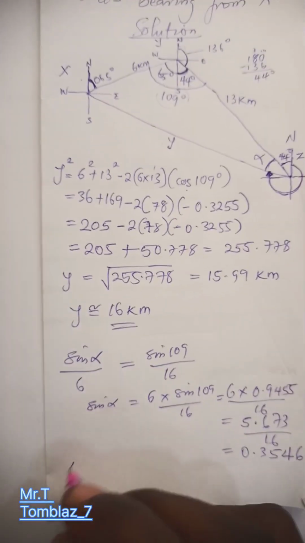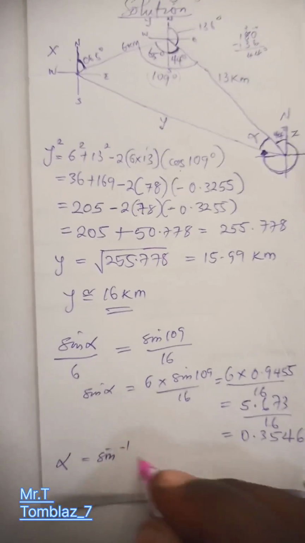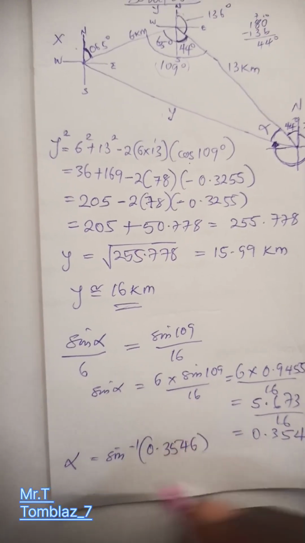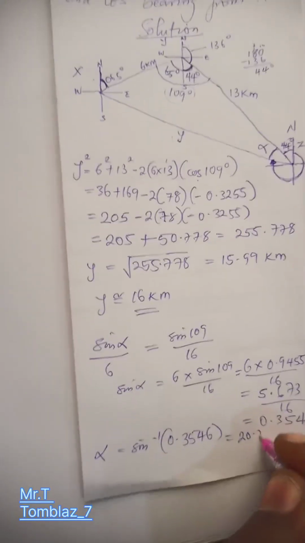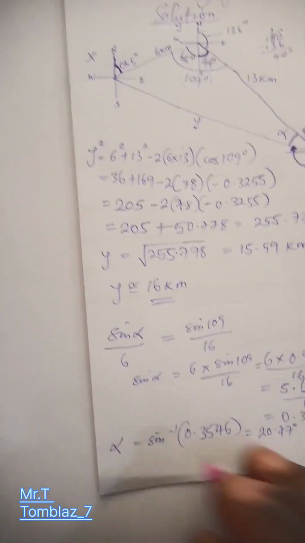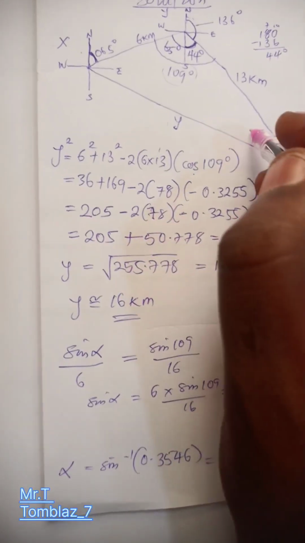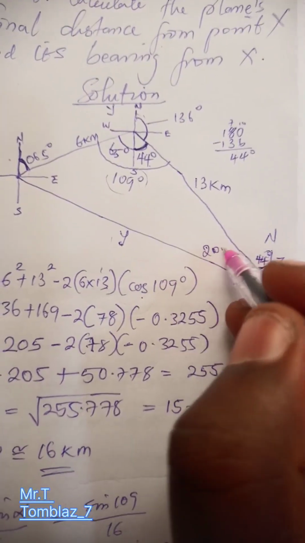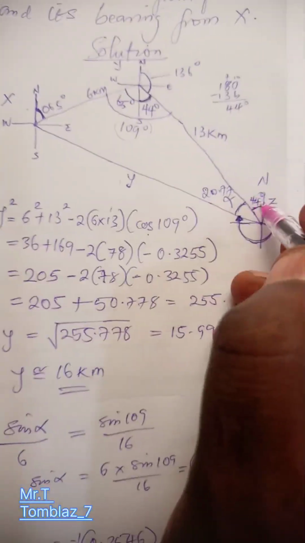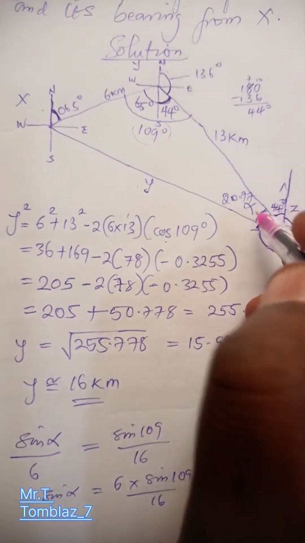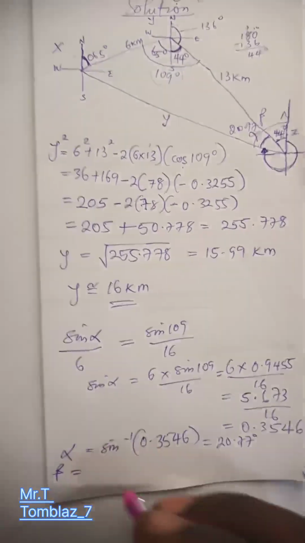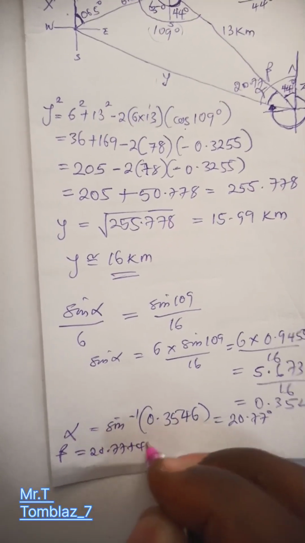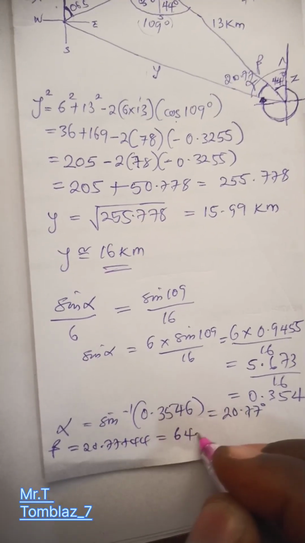That gives us 0.3546. But we are looking for alpha, so alpha will be the arcsine of 0.3546, which gives 20.77 degrees. So how do we get this complete value now? Since this value is 20.77, if we add it to 44, and call this total angle beta, beta is 20.77 plus 44, which gives 64.77.